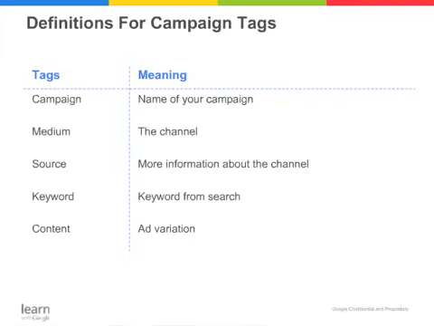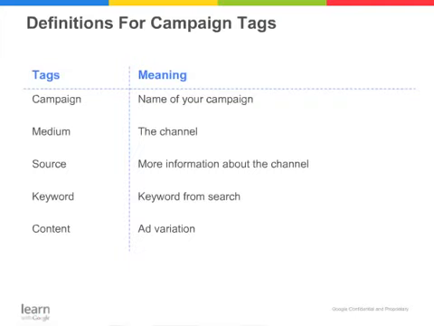So let's use our email example. If you send a back-to-school email out to your potential customers, you might use a medium of email, but you might want to specify that it's the email that's going out to moms, right? Let's say you can segment your email list in your system based on mothers from fathers or whatnot.